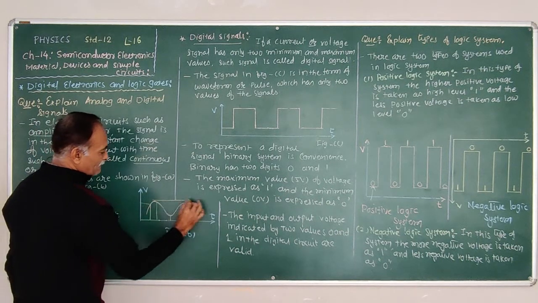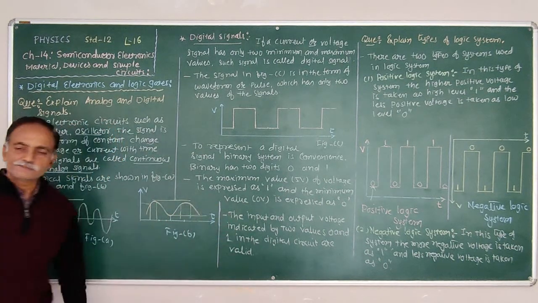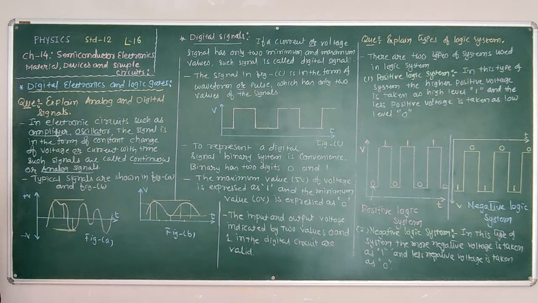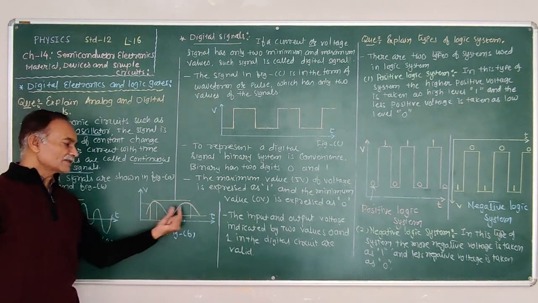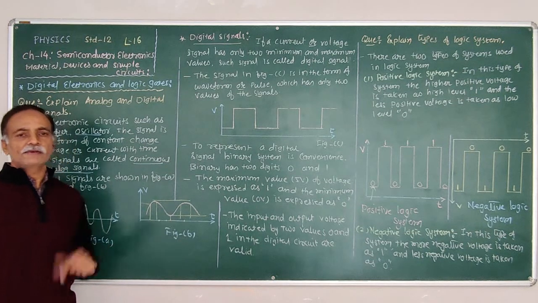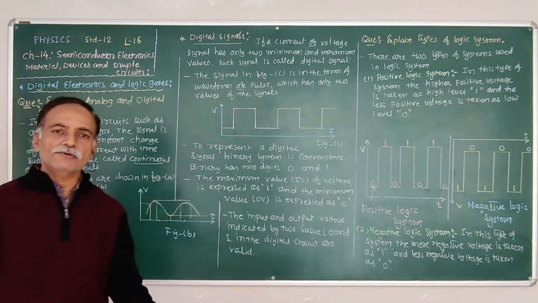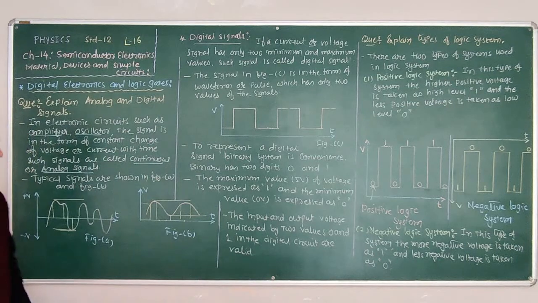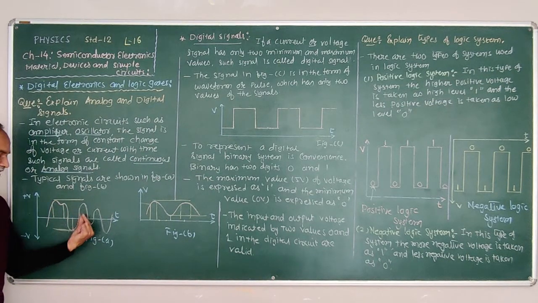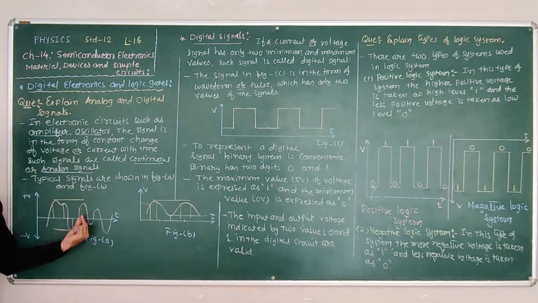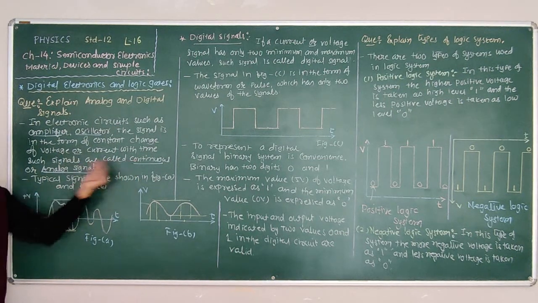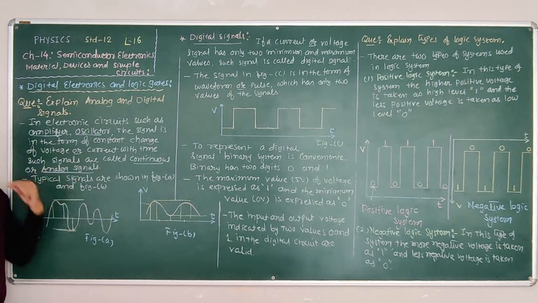That is the maximum value, that is the minimum value. So this signal contains the value of the voltage at any instant of time between the maximum and minimum value, and the graph changes continuously with time. Therefore it is known as a continuous signal or analog signal.